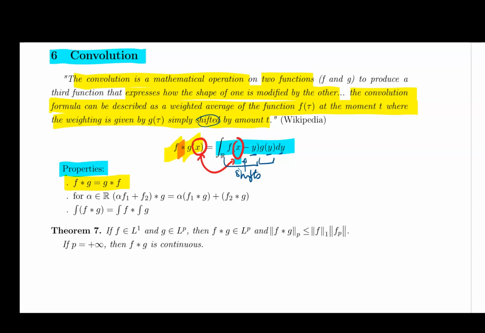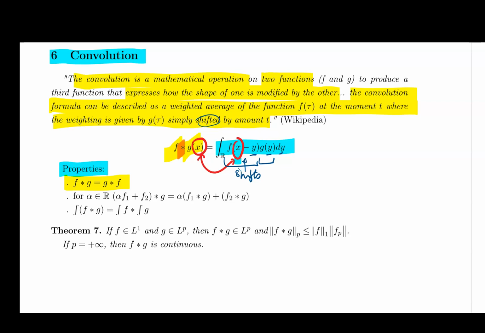Well, you can see it also as saying how your function is going to modify your constant value, as it shifts through the area where this constant value is non-zero.